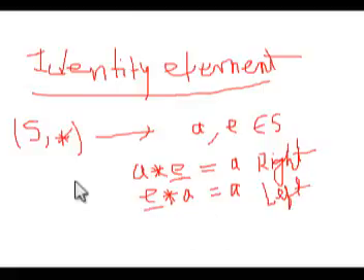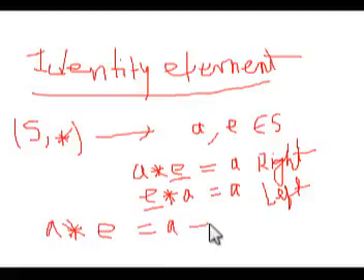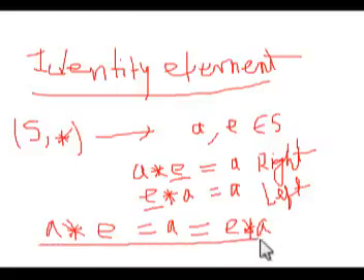And if both cases happen together, then we say A star E equals E star A equals A, and E is the identity element. If both cases happen at the same time, then we can simply say that E is the identity element.